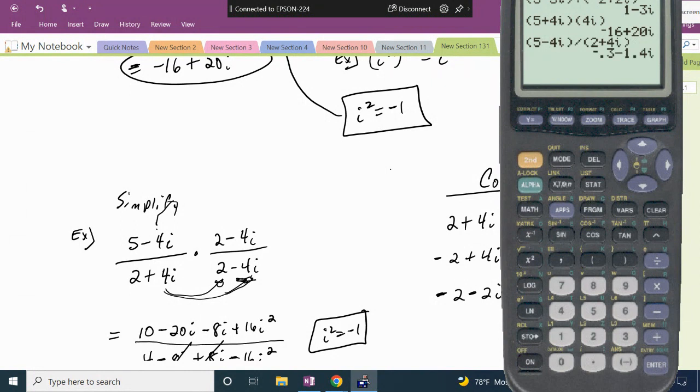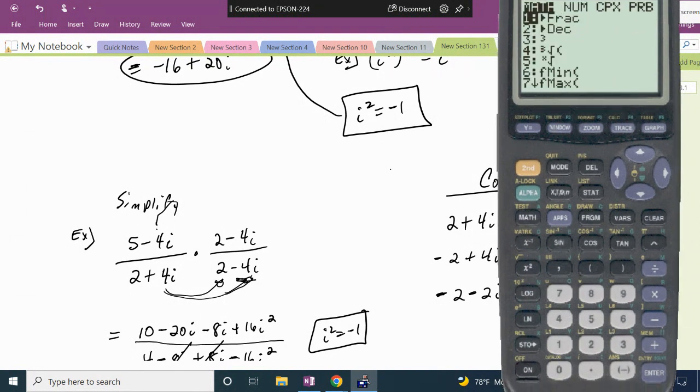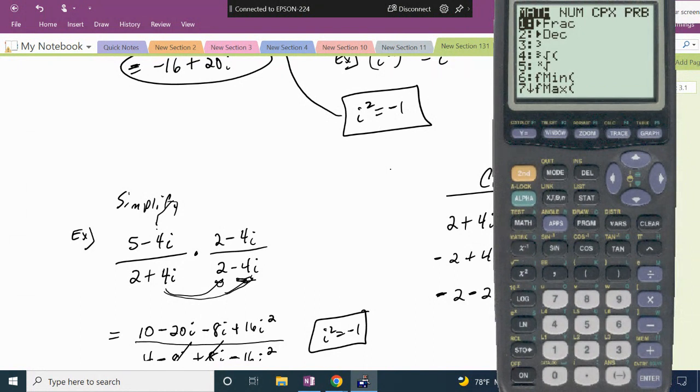All right, so notice I get -0.3 minus 1.4i. I can actually change these to fractions. So I'm going to hit math. The very first option says it'll take what it's given and try to convert it to a fraction. So I'm going to hit enter once.